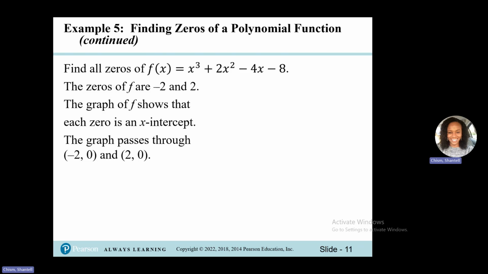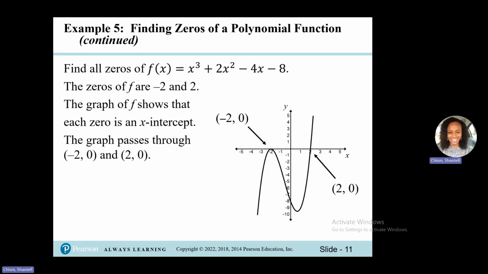The graph of this function would show that each of the zeros is an x-intercept. So the graph passes through the point -2, 0, and +2, 0. But notice how it looks different at each of these. At -2, we have it touching and turning, whereas at +2, it crosses.